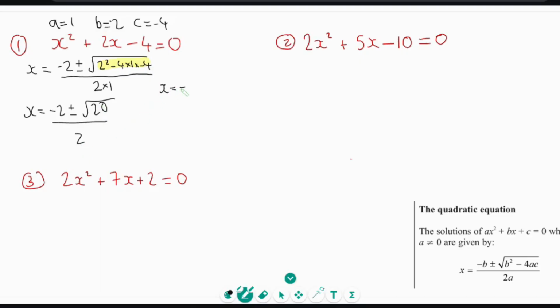So one of my solutions is minus 2 plus root 20 all over 2. The other solution is minus 2 minus root 20 all over 2. 1.24.